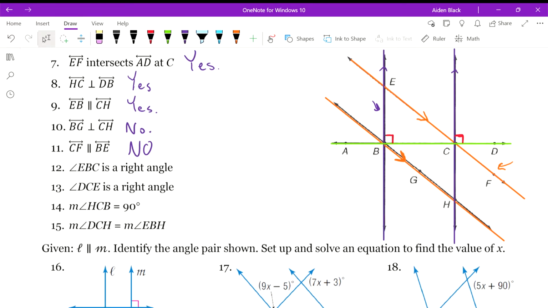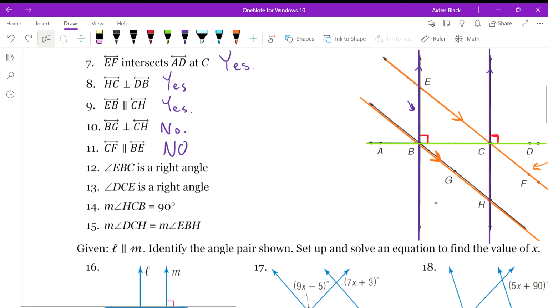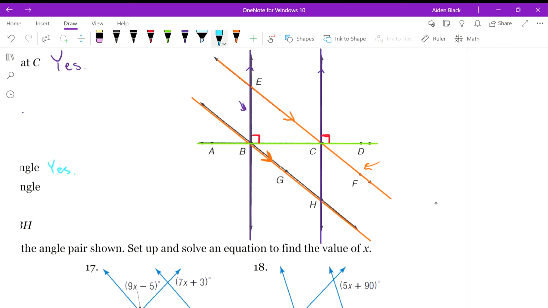Okay, angle EBC is a right angle. Angle EBC, is that a right angle? Quite clearly we see, yes, it's a right angle. Angle DCE is a right angle. Angle DCE, is this a right angle?